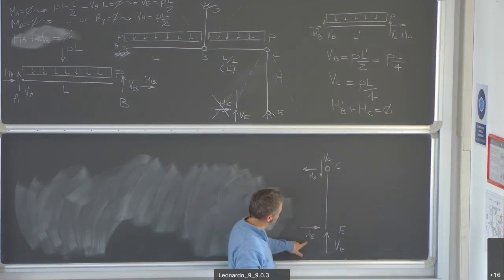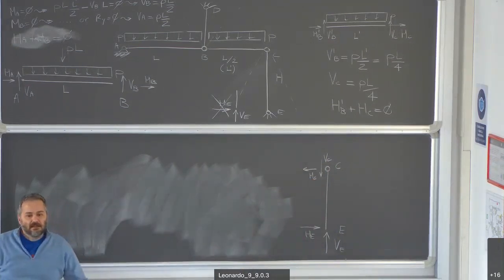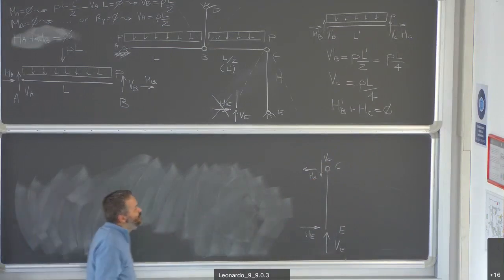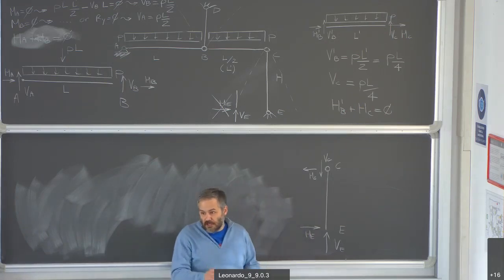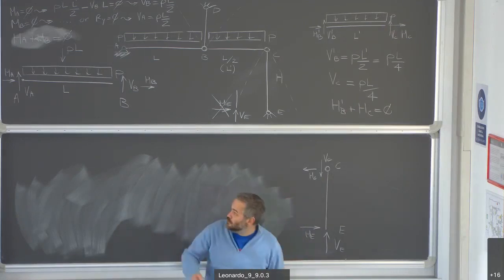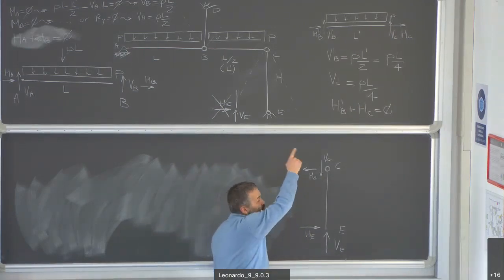VC, HC, HE, and VE. What is a very convenient equation to write on this member? Again, when you have hinges, use them. Rotation equilibrium, also on parts of the structure. It's very convenient. It's what I basically did there and what I implicitly did there.